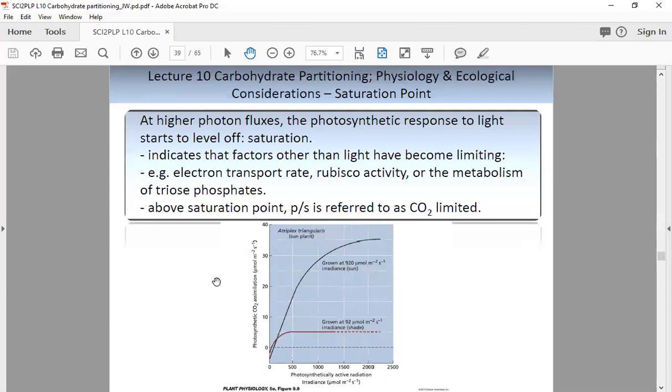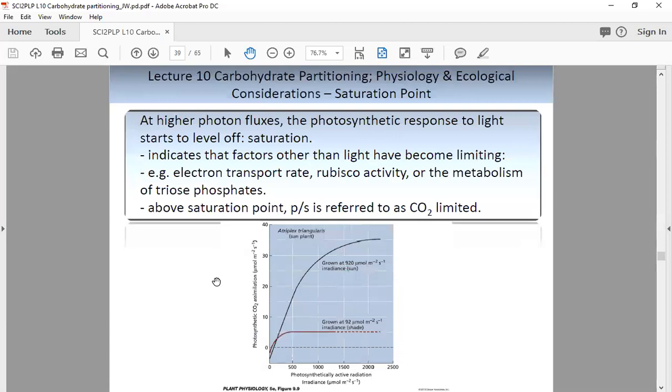But in reality, only rarely is photosynthesis light saturated at the level of the whole plant. So individual leaves may be light saturated, but if we average that out across the whole plant, light saturation is rarely a problem.